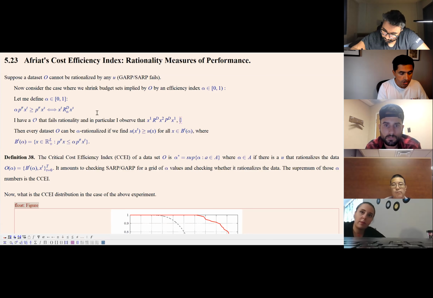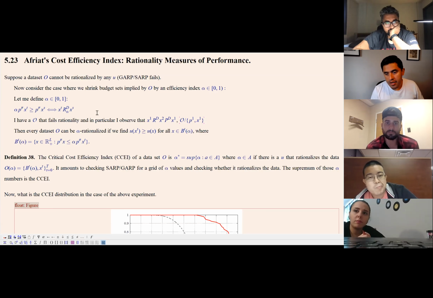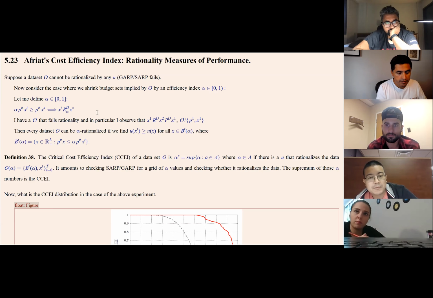So pretty much, if I take the data set and remove from it the elements p1, x1, then this thing satisfies GARP.